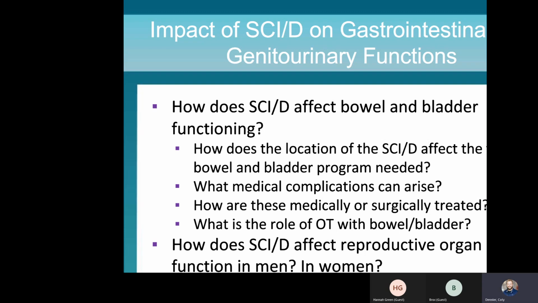Self-cath is when they do a catheter on themselves about every 4 to 6 hours, just to make sure that they're getting the urine out. I have a grandson who has spina bifida, and he has to be self-cathed every 4 to 6 hours. And you teach the person to do that themselves. And that is part of the OTA role, is to teach them.